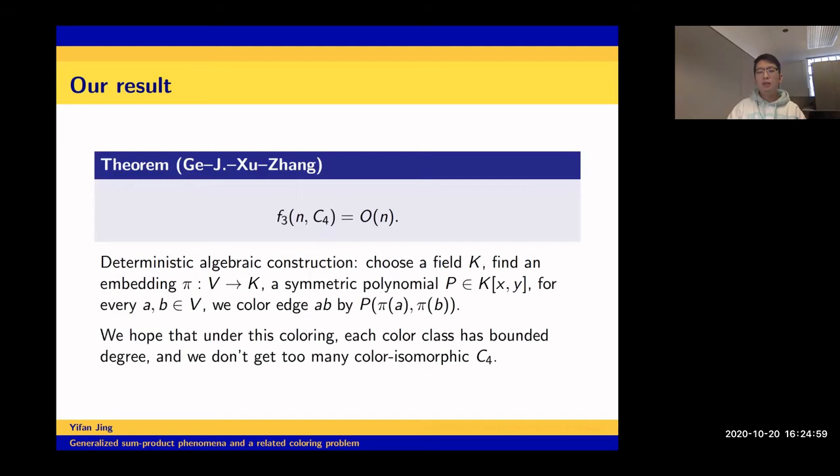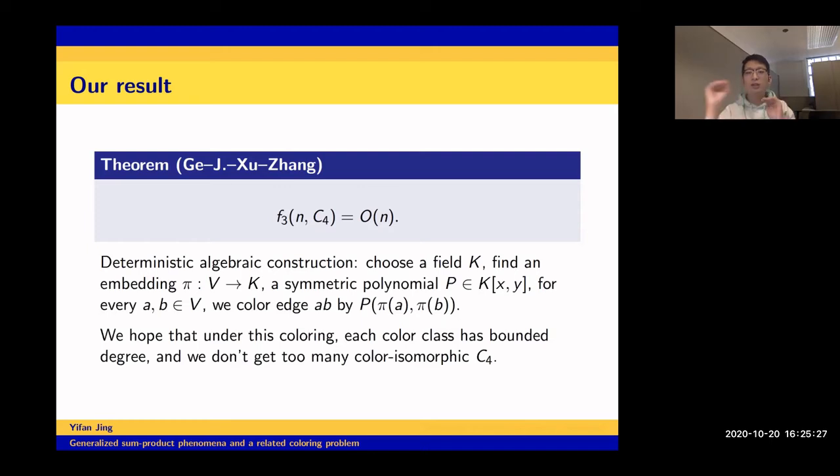Because if you use a random algebraic construction, then this k is likely to be very large. So here we use a deterministic algebraic construction. We choose a field K, and then we find an embedding π of the vertices into K, so all the vertices are elements in this field. And then we choose a symmetric two-variable polynomial P(x,y). For every two vertices a, b in V, we color the edge ab by P(π(a), π(b)).